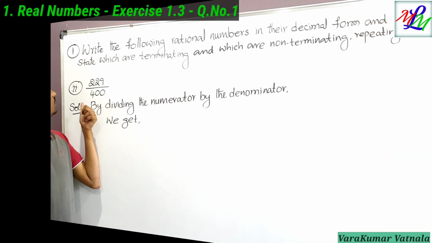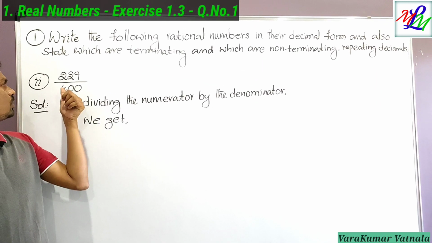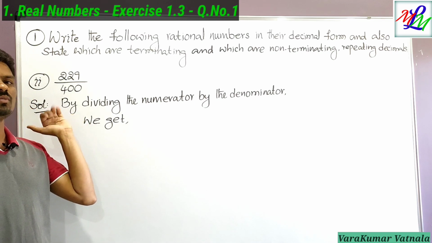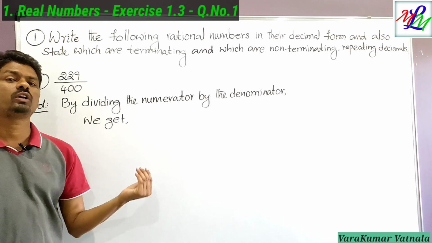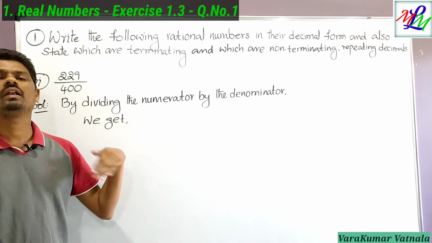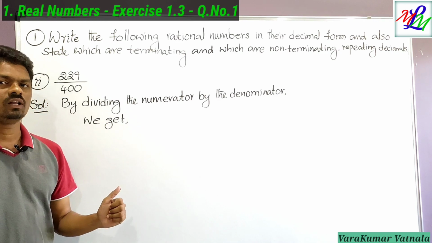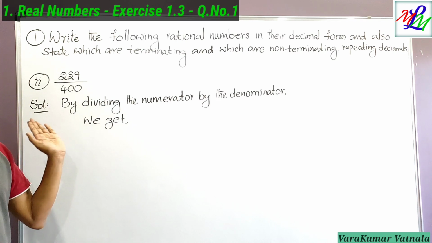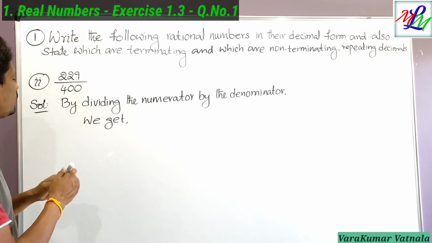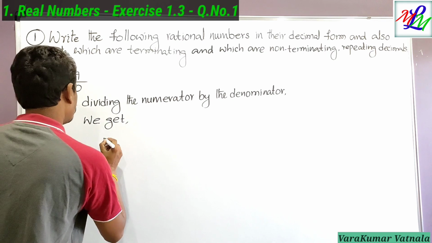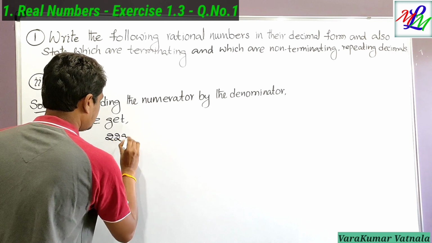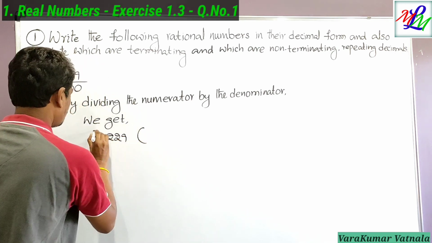Next we have to solve the second bit in the first problem: 229 divided by 400. Again we have to write the decimal form of the given rational number, then say whether it is a terminating decimal or a non-terminating repeating decimal. First we divide the numerator by the denominator. The numerator is 229 and the denominator is 400.